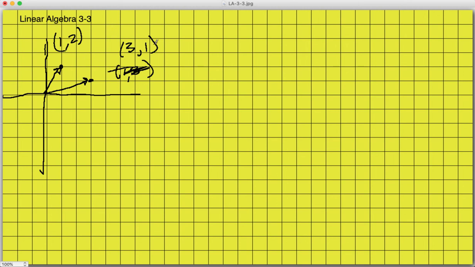Now, I want you to pick out any old arbitrary point in here. Let's pick this point right over here. So that is 1, 2, 3, 4, 5, 6, 7, 8, 9. This is 9, 1. Now, I claim that 9, 1, and I'm thinking of this as a vector, can be written as a linear combination, some R times 1, 2, plus some S times 3, 1.